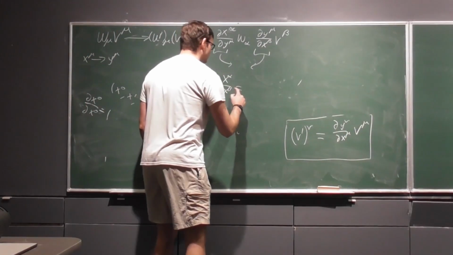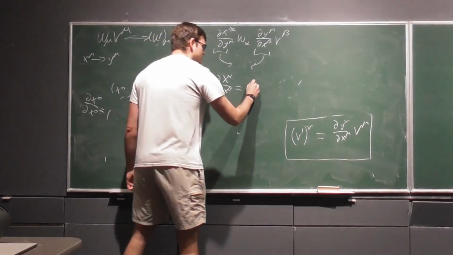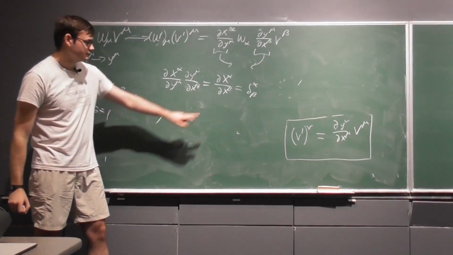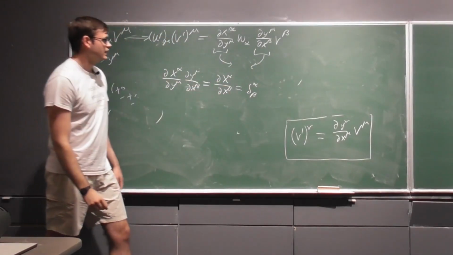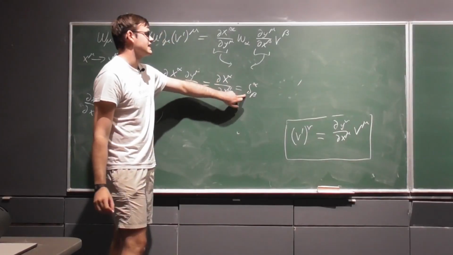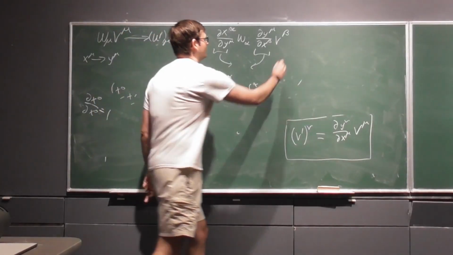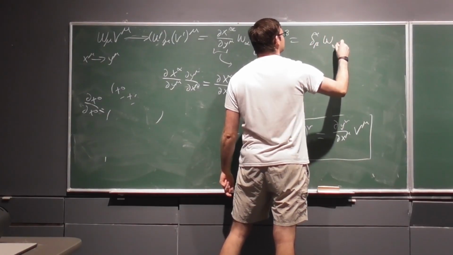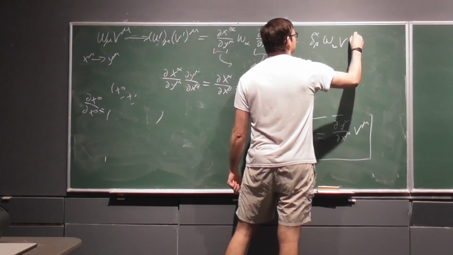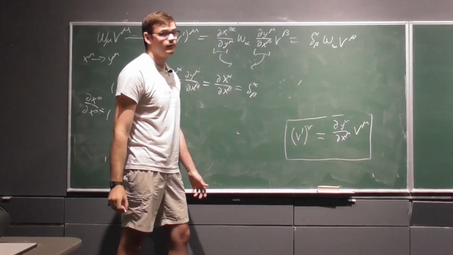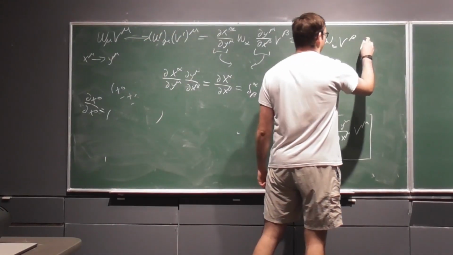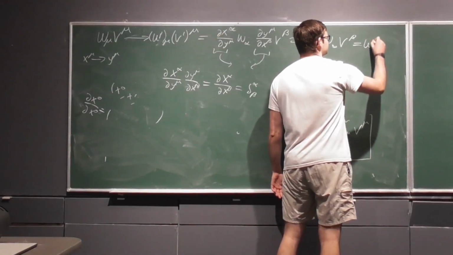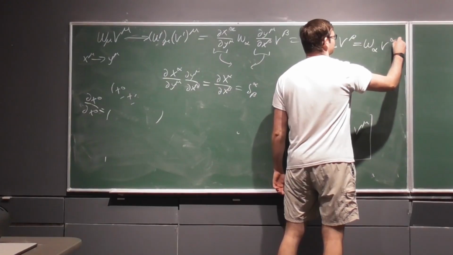So this is only 1 if alpha and beta are the same. We saw that quantity before. It's the Kronecker delta, but I'm just going to put an alpha and a beta up here. Now, what the Kronecker delta does, it says, okay, alpha must equal beta, otherwise this is 0. So I have an alpha and a beta, but I've said, oh, they must be equal to each other, otherwise they're 0. So this is W alpha V alpha.